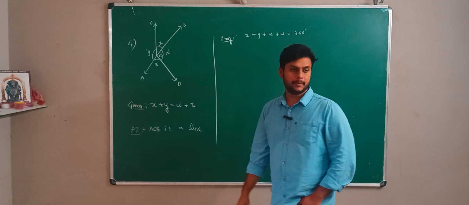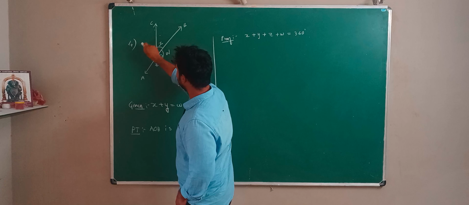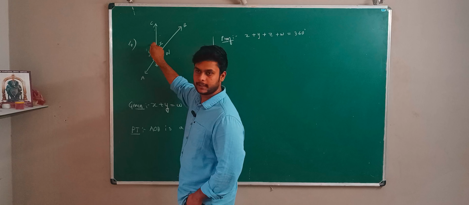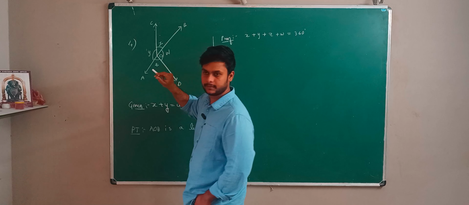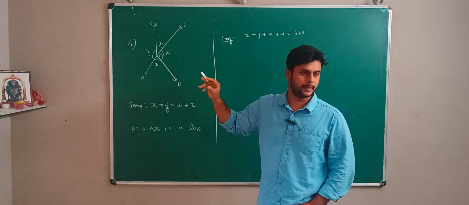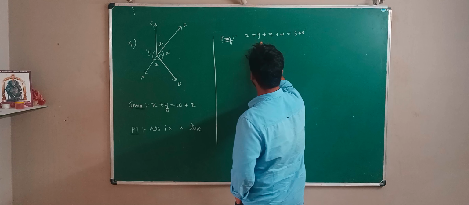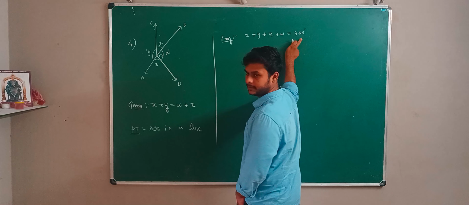Why? It became a complete angle, or no? I started from here and did a whole circle. To complete a circle, it will become how much? 360 degrees. So x plus y plus z plus w is equal to 360 degrees.